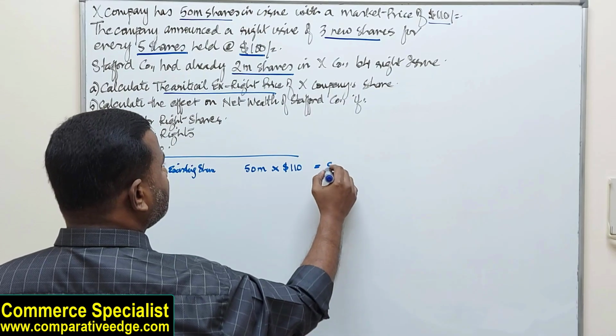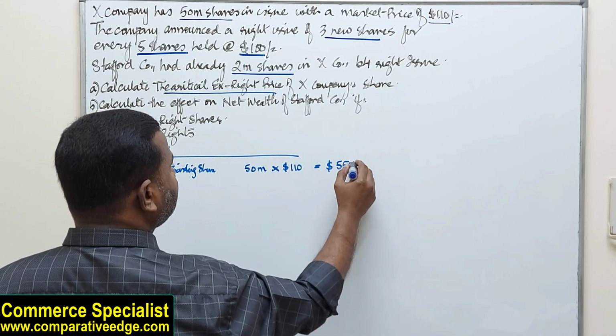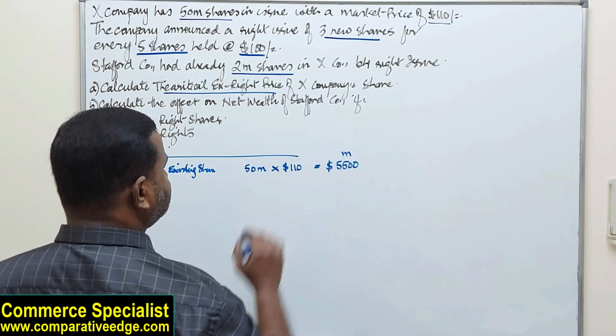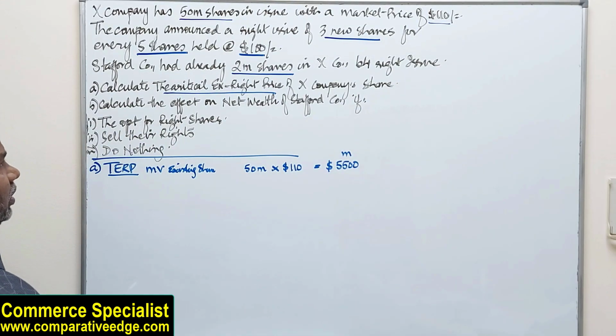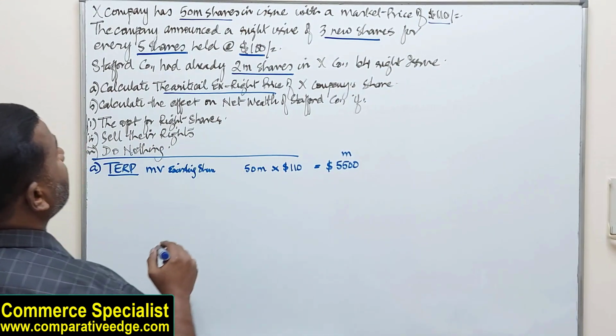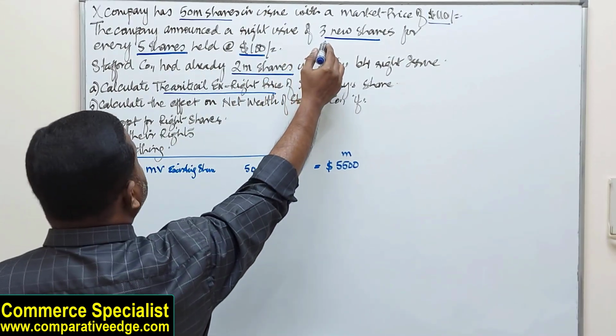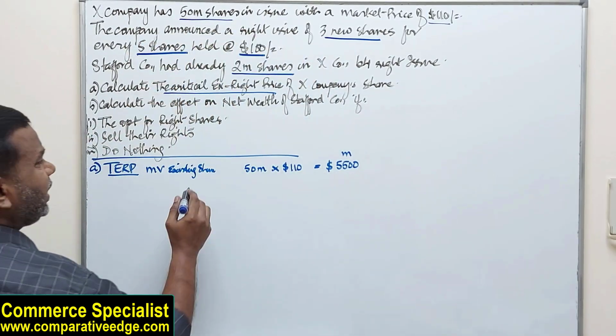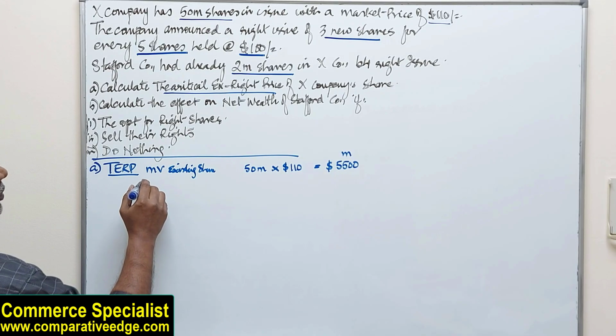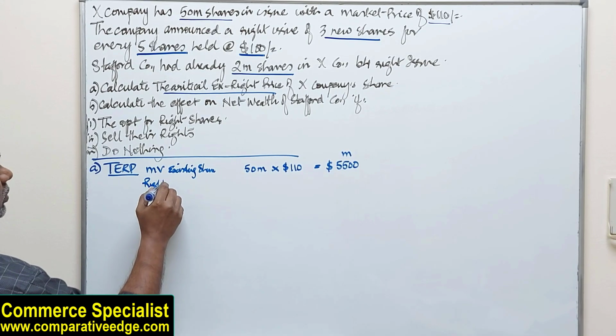When you multiply, you get 5,500. This is all in millions. Now we are issuing 3 new shares for every 5 shares. So what you do is, we're talking about right issue.